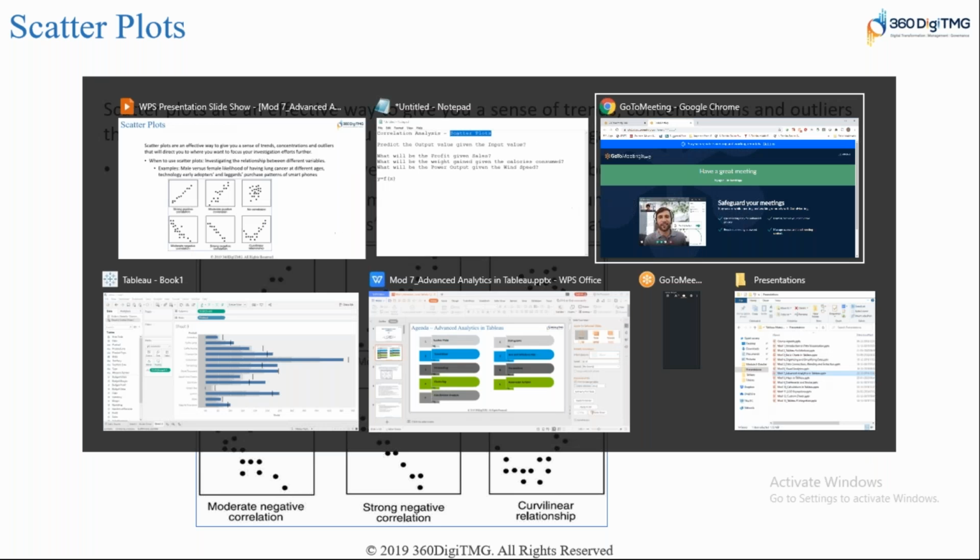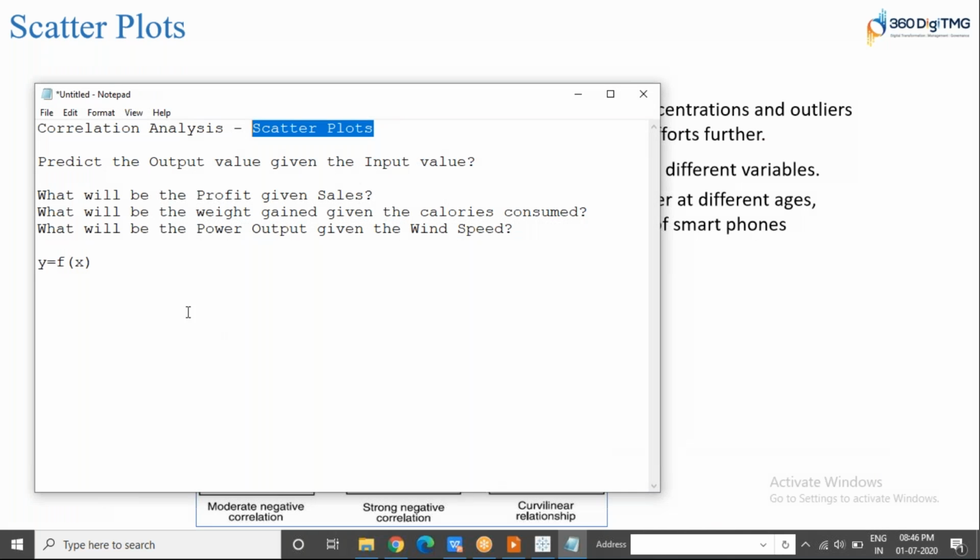We can comment about two things. One, the direction of the relationship, which could be positive, kind of upward direction, negative, downward direction, or it could be curvy, linear, if it is seasonal data, or it's also possible that there will be no relation, no correlation.